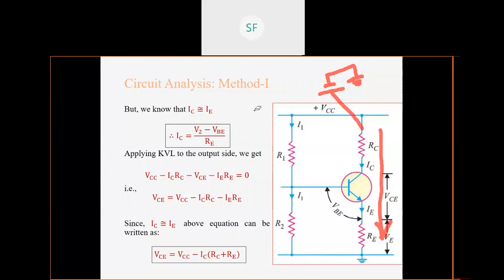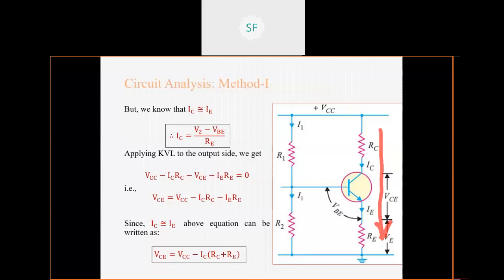Now again we have to proceed with the same steps. तो जब भी आप KVL लगाते हो, you need to first decide the polarity of the voltage drops.